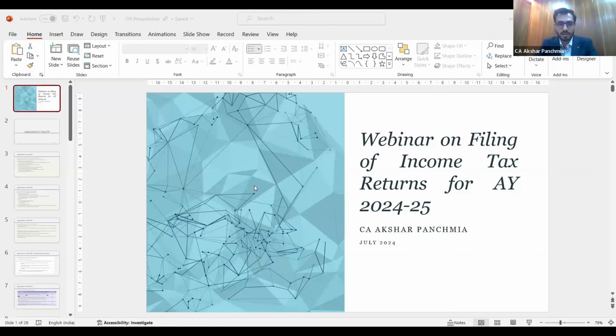And ITR 3 has moved from 45 pages to 61 pages. So one can only imagine how many changes come year on year and how much one has to be aware of what should not be missed and what should be taken care of. With this, I would like to begin my presentation and take you through the slides that I have prepared.